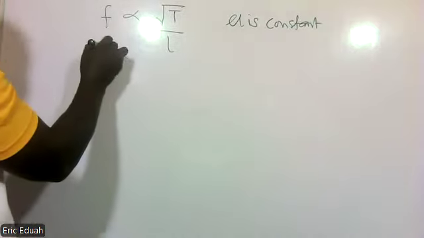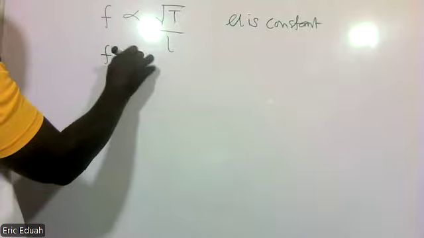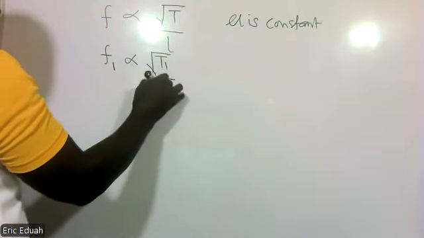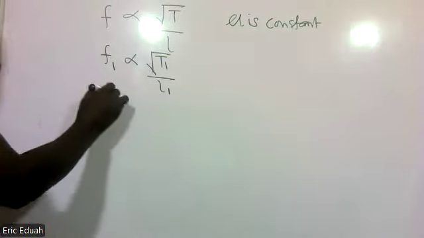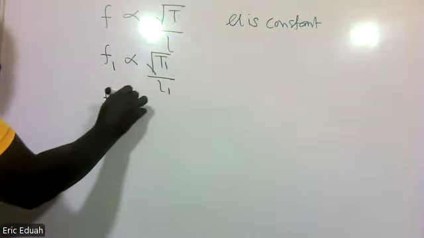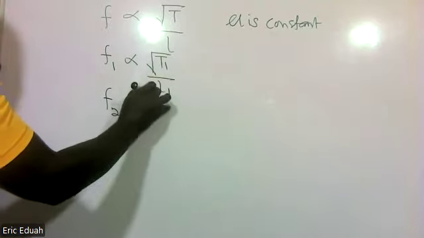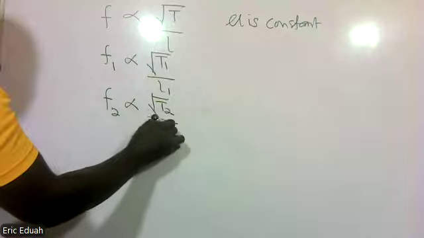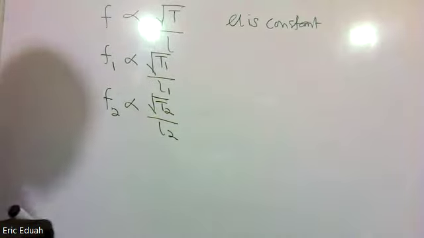So F1 is directly proportional to root of T1 over L1. Then F2 must also be directly proportional to root of T2 over L2.